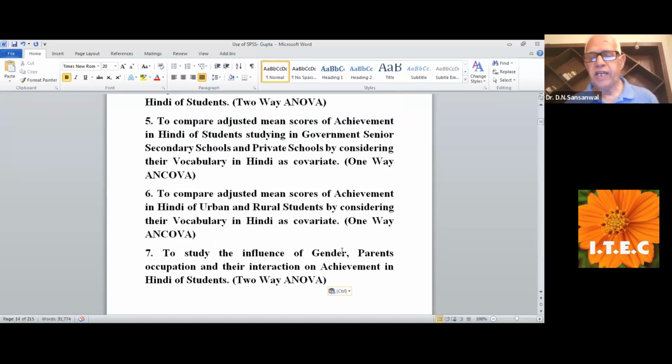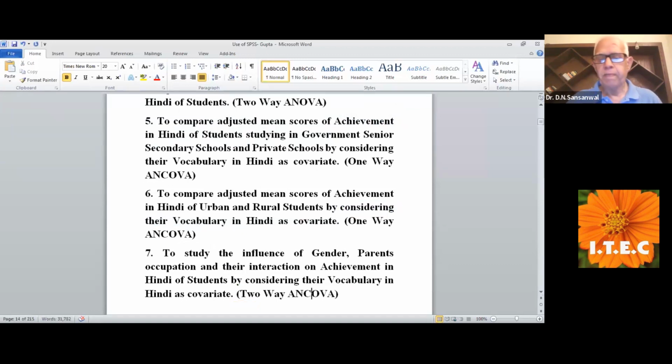To study the influence of gender, parents' occupation, and their interaction on achievement in Hindi of students by considering... here it will be ANCOVA.